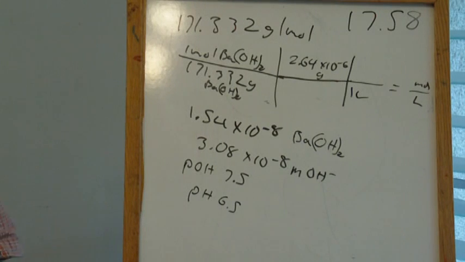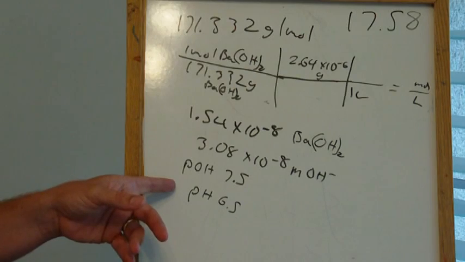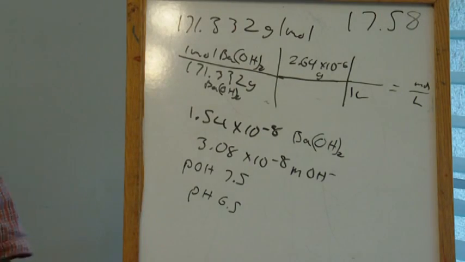And if you look in the back, let's see, 1758, 6.49 or 6.5, right? And 3.2 times 10 to the minus 7. What was the other part of the question? What is the pH of the solution, and what concentration of hydrogen ions is provided by the ionization of water? So we have pH 6.5.